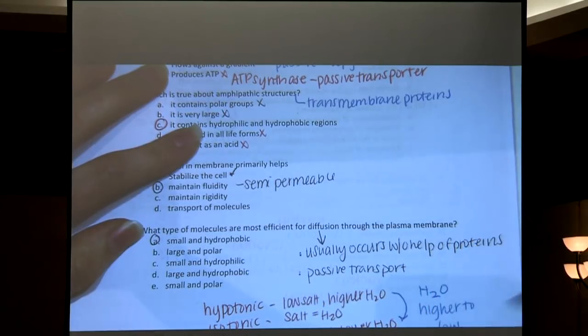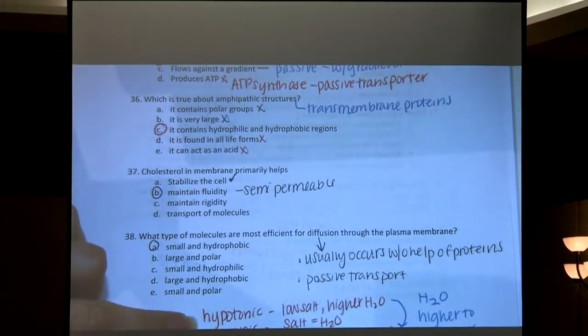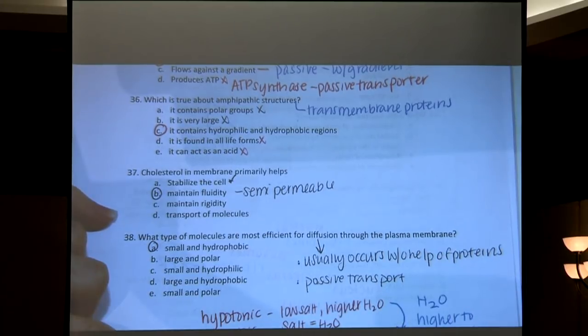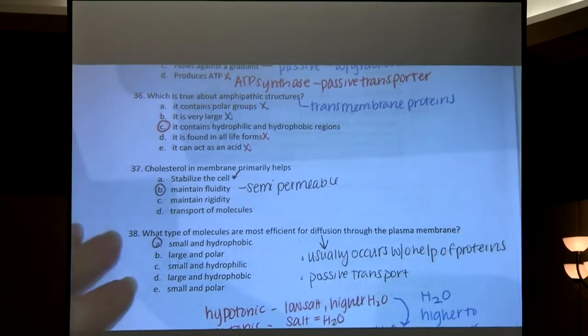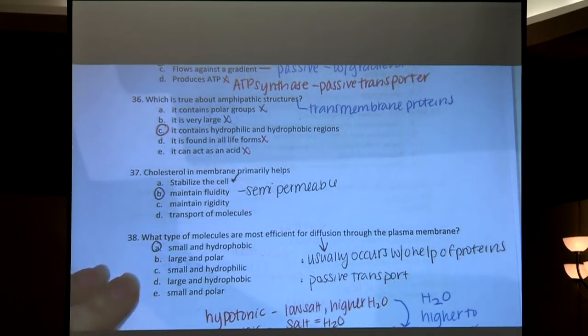If we have two solutions, one hypotonic and the other hypertonic, the water is going to flow from the hypo to the hyper, because it's going to want to come in and dilute the salts, or go to the lower concentration of water. So just a brief review. If you want some extra, remember she did have some really good notes about how to determine which solution was which, okay?